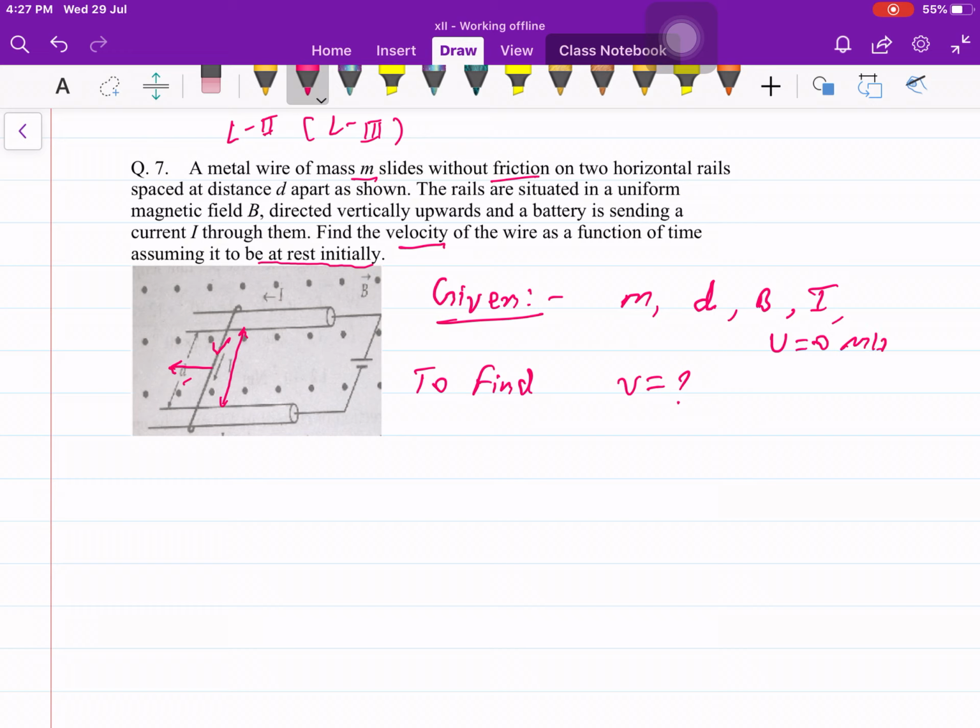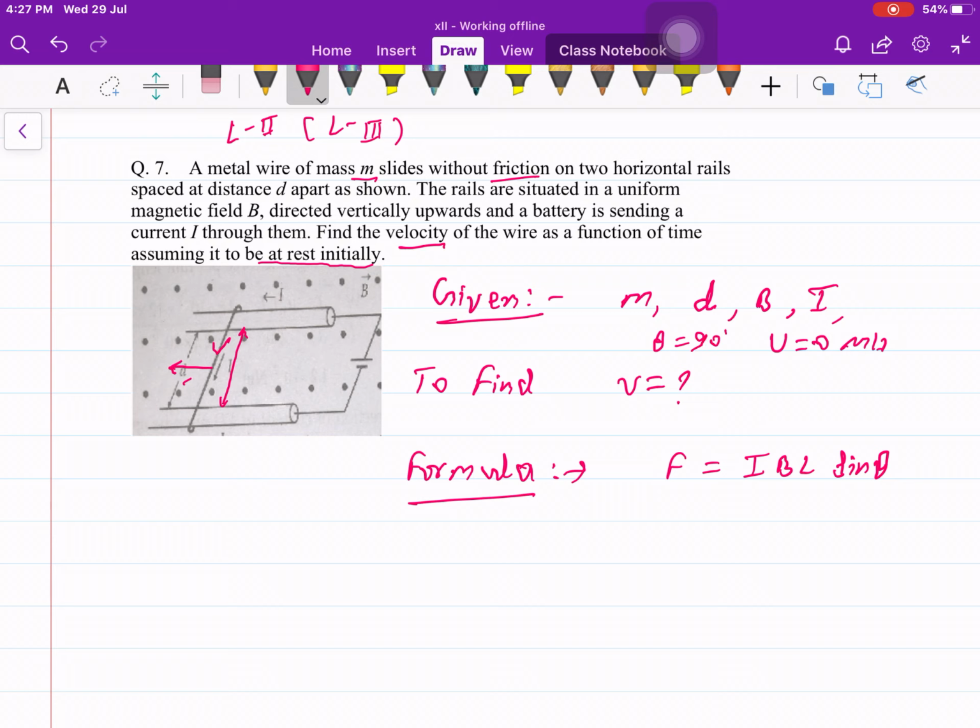Okay, let's see which formula to be used. First and foremost, if a current carrying conductor is there, then the formula is F equals I B L sin theta. Can anybody tell what theta is here? The magnetic field is upward and the current carrying conductor is in the plane, so it will be 90 degrees.